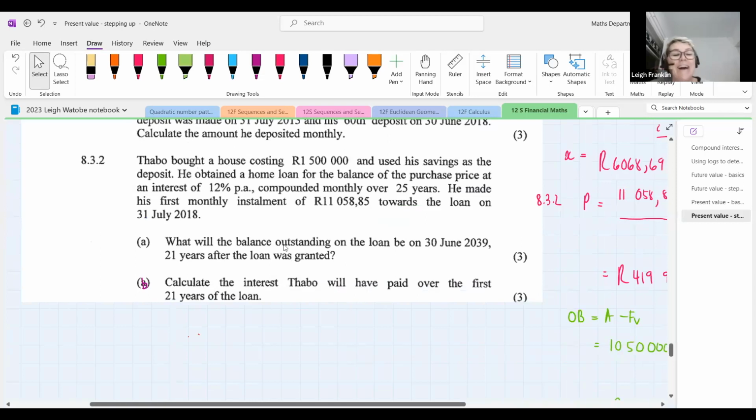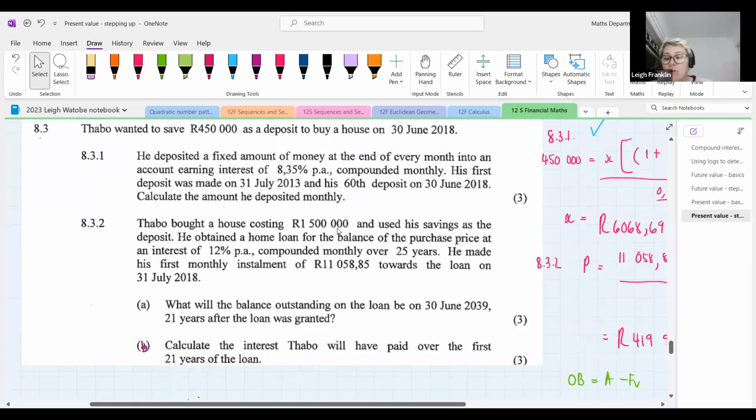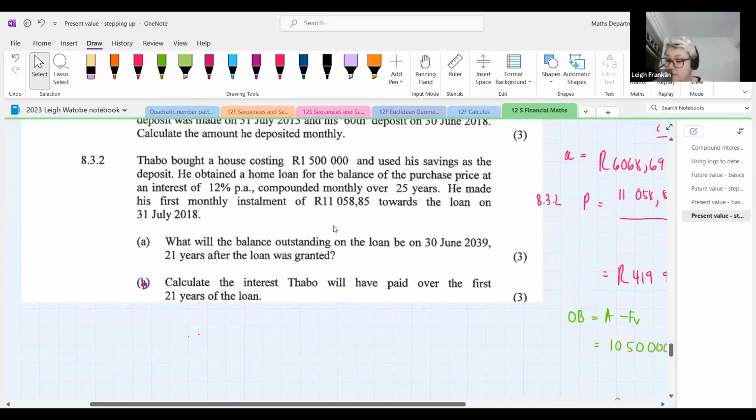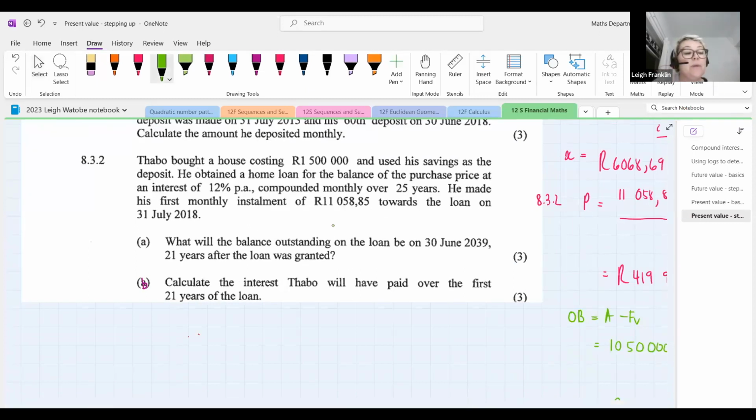All right. Now, Kamogelo, the whole reason we're doing this question, now we get here to part B. Calculate the interest Thabo will have paid over the first 21 years of the loan. So now they are asking us for the amount of interest that Thabo will have paid.